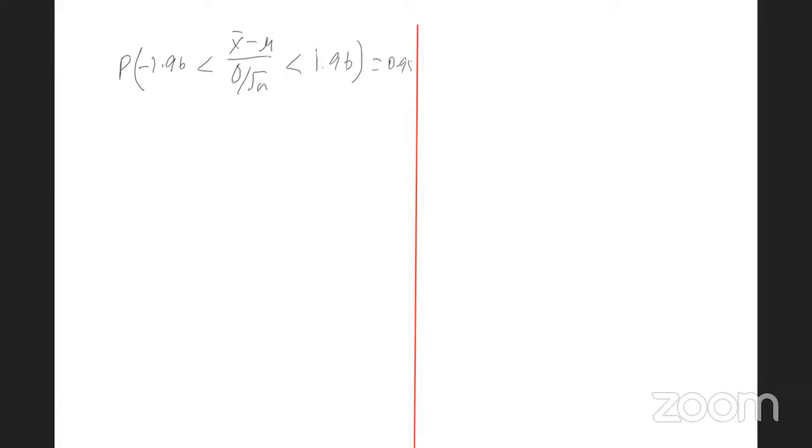So let's just solve for mu real fast. Minus 1.96 is less than X bar minus mu all over sigma on root n. Carry this up here, you'll get minus 1.96 sigma on root n is less than X bar minus mu.